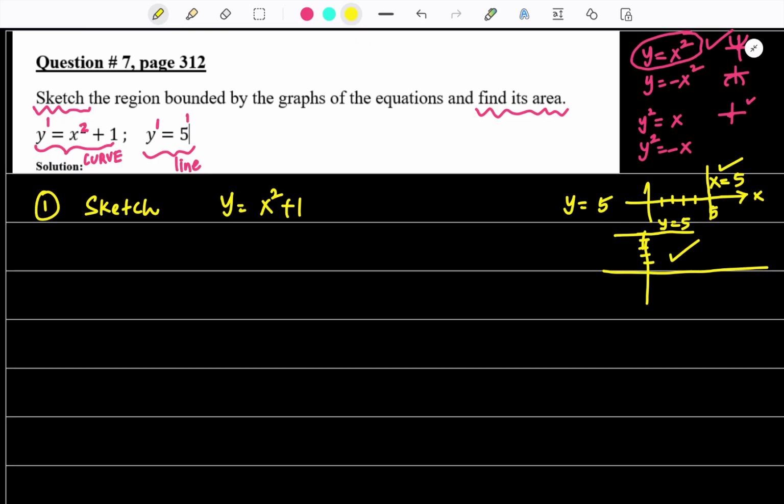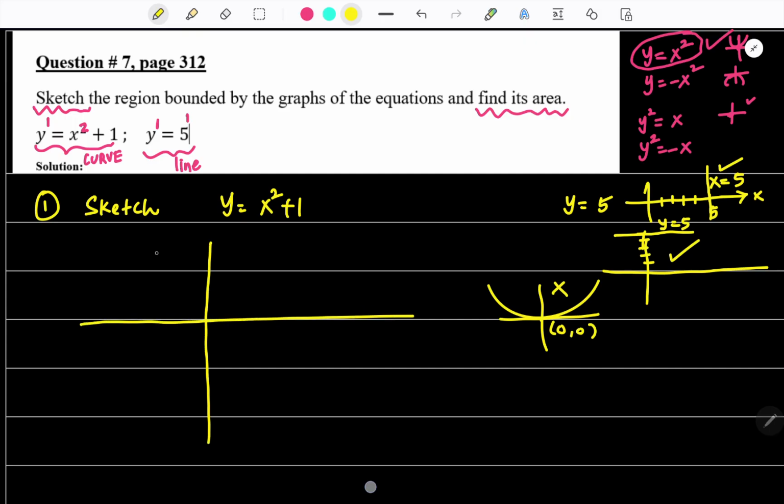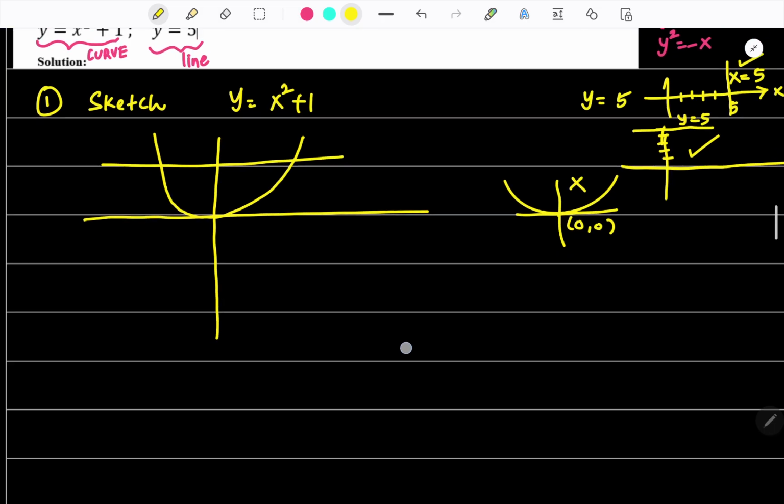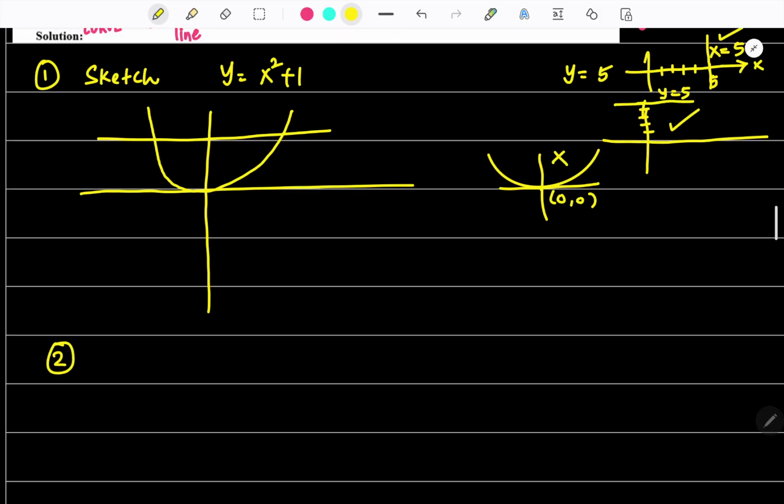So before going to the sketch, let me slowly find out the curve. It's very clear this parabola is upward, but it is not exactly through the origin 0, 0. First, let me sketch a rough figure. I'll come back to this one after solving the second one.